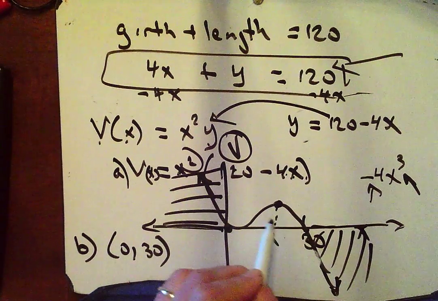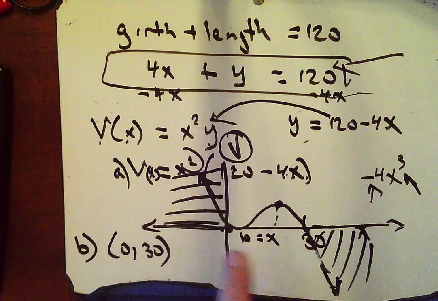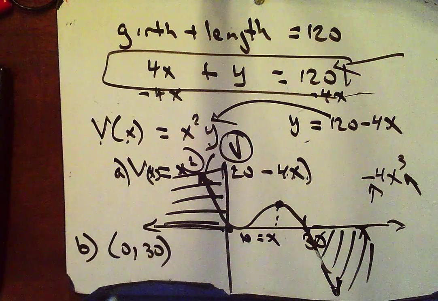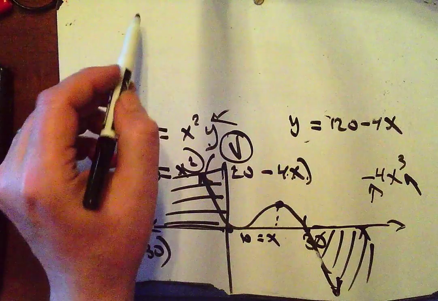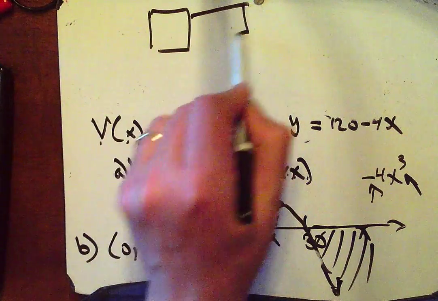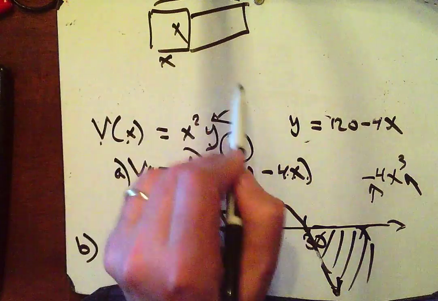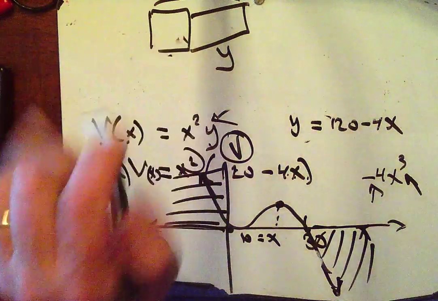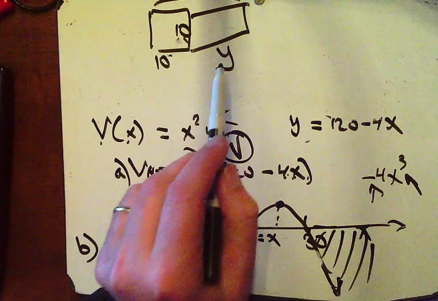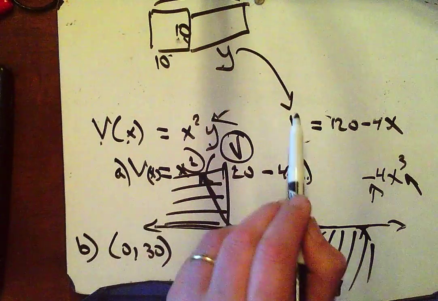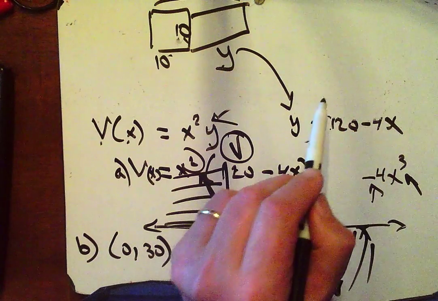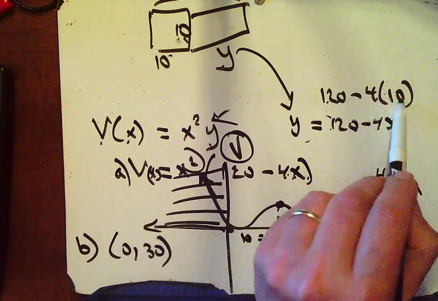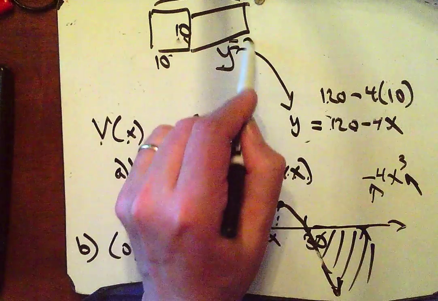Remember, the inputs here are x's, 10. Oh yeah, that wasn't halfway in between. And the output is volume. When I'm looking for the dimensions of this box, I'm supposed to say what these are and what that is. Okay, so we know the x's are 10s. We've got 10, we've got 10, and y, oh look, y is equal to 120 minus 4x. 120 minus 4 times 10. 120 minus 40 is 80.